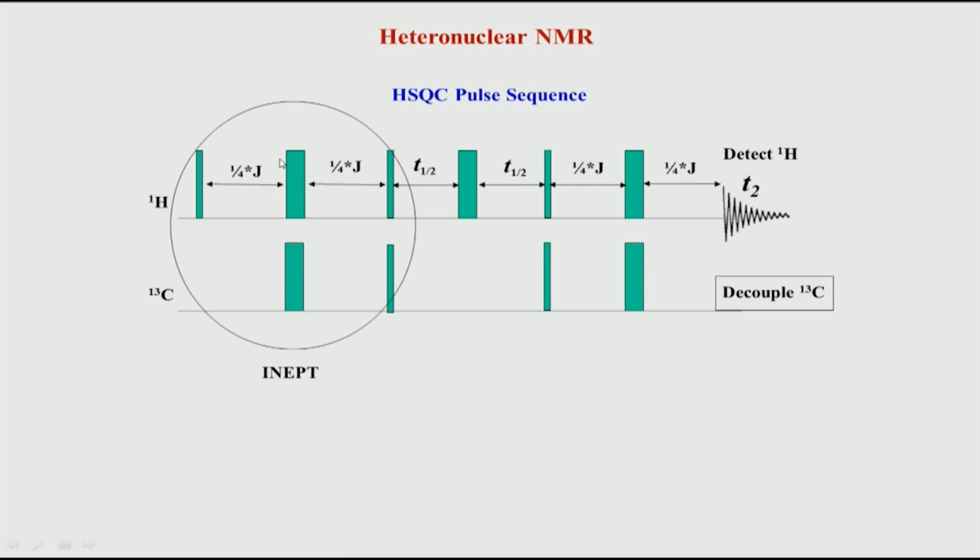Remember what is the function of a 180-degree pulse in NMR? It helps to invert the magnetization. If you go from Z, it can take you to minus Z, or if you go from X, it can take you to minus X. When you take it from minus X to plus X or minus Y to plus Y, we call it a refocusing pulse. When you take it from Z to minus Z, we use the word inversion pulse.